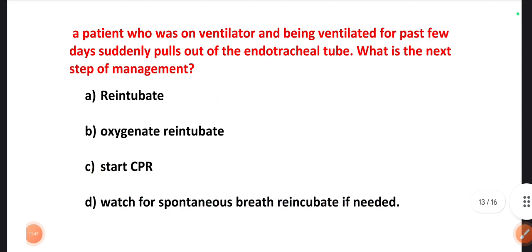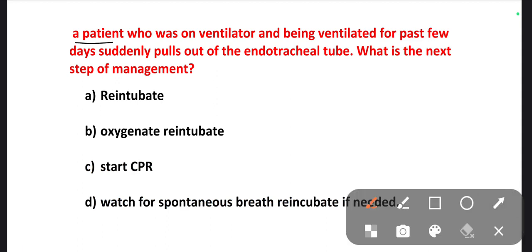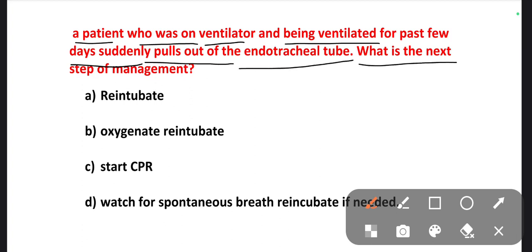The next one is, a patient who was on a ventilator and being ventilated for the past few days suddenly pulls out the endotracheal tube. What is the next step of management? Understand the question, it's a practical question, and think.